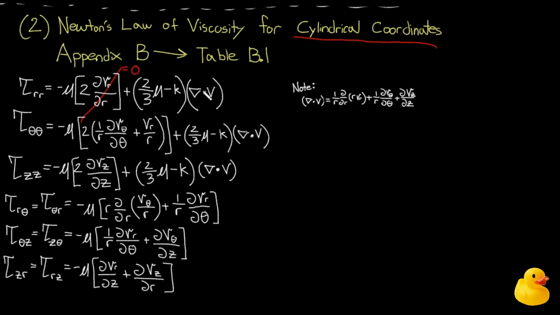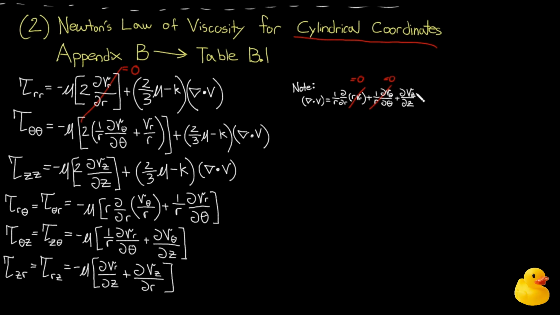And then we have this del dot v. So from the book we saw that del dot v is equal to this. We know that v sub r is equal to 0 because there's no radial velocity. And then also the change of tangential velocity is 0. And then now there is axial velocity, but it's not a function of z. It doesn't change based on the axial direction.